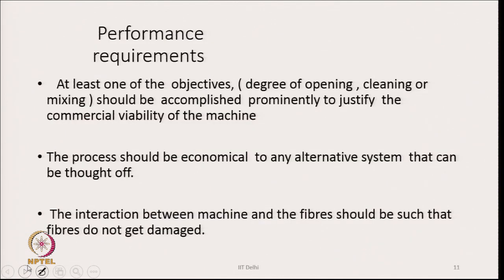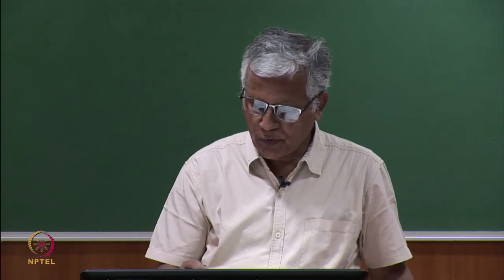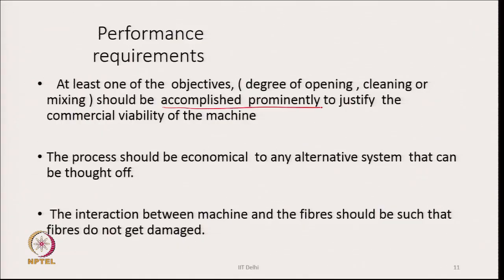Another thing that we need to remember is that at least one of the objectives should be accomplished prominently to justify the commercial viability of the machine. If we think of designing a machine where we have to accomplish the objectives stated in the previous slide, then at least one of the objectives should be permanently accomplished by the machine in order to justify its commercial viability.